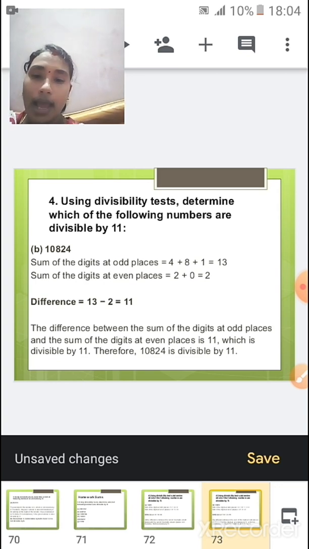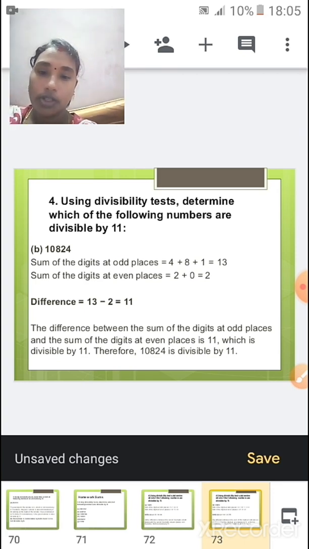Now when you are adding the digits at the even places, 2 plus 0, you get 2. And now when you are subtracting 13 minus 2, you get 11. So 11 is a multiple of 11. Hence 10,824 is divisible by 11.